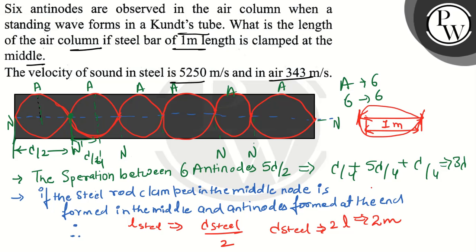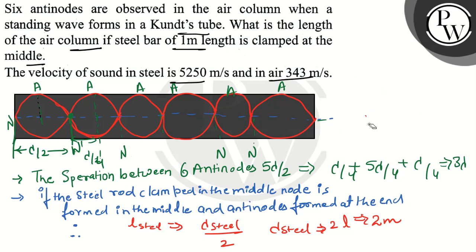Now we know that velocity is equal to n lambda, and the frequency n of air is equal to n of steel. Simple.